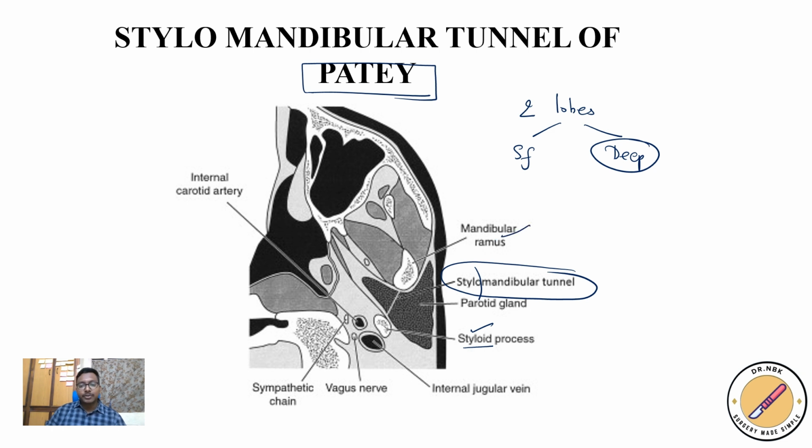Whatever is present between these two bony landmarks is called the stylomandibular tunnel of Pate, where the deep lobe is present. As you can see in the picture, this is the deep lobe of the parotid gland. This is important because whenever there is involvement of both superficial and deep lobes, the swelling gives a picture like a dumbbell.